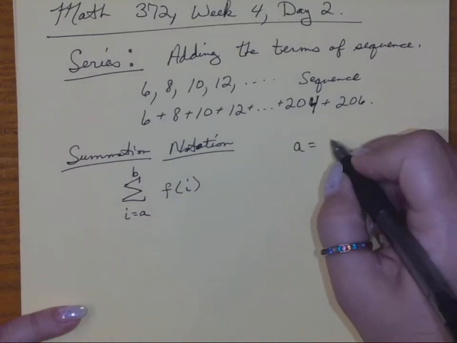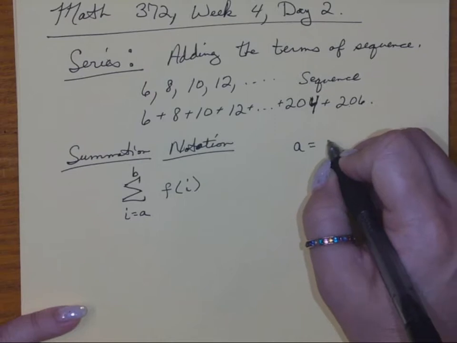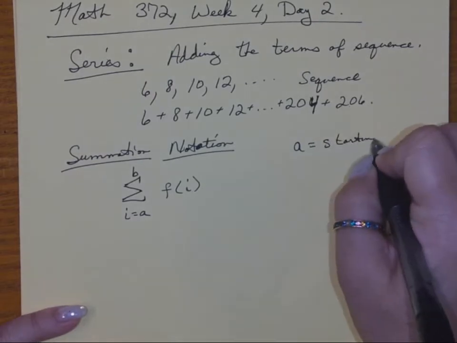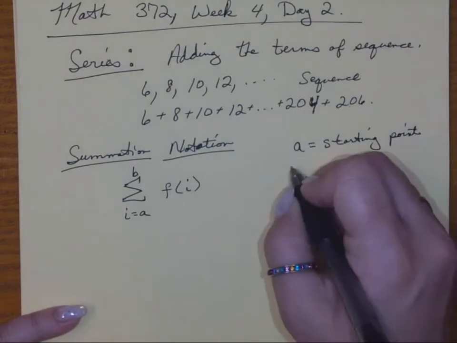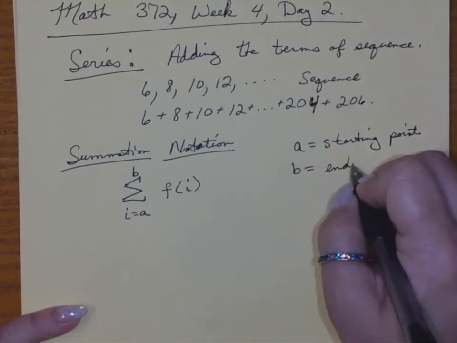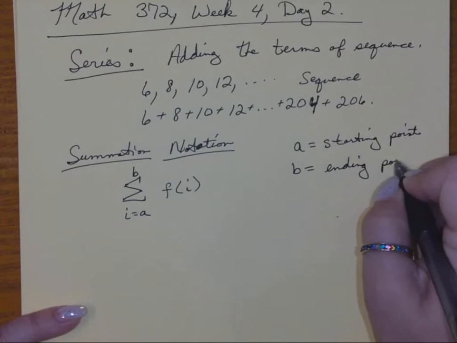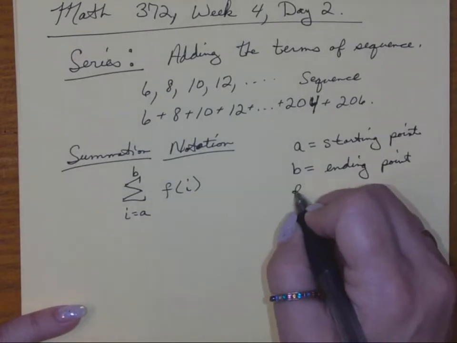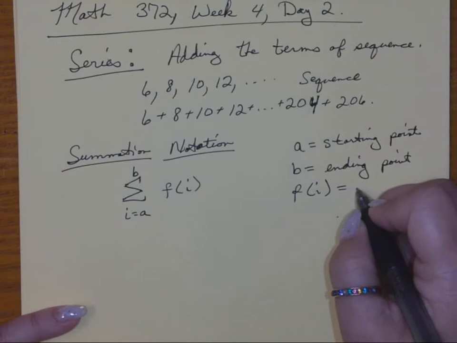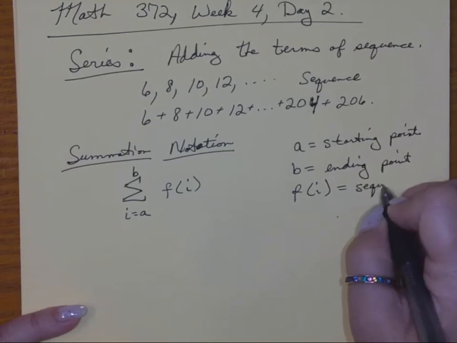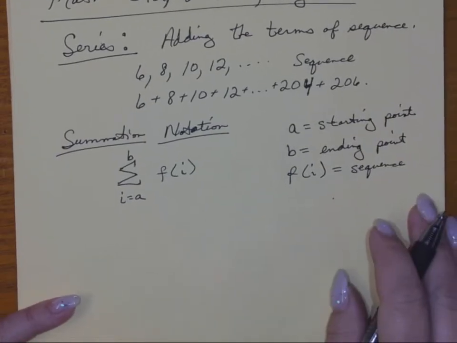So notations over here, A is my starting point. B is my ending point. And F of I is the function or sequence that I'm placing in, that I'm going to add up.